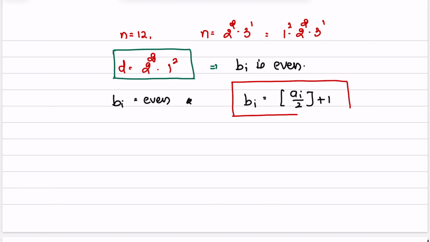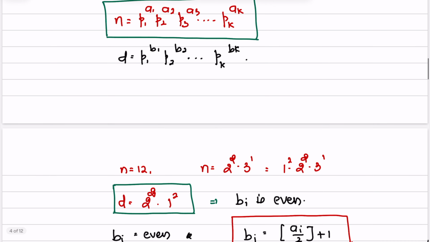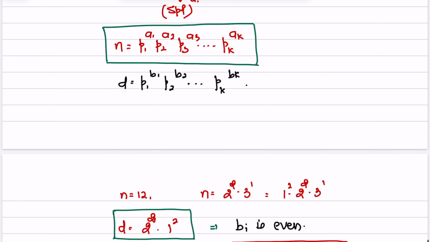I am not talking about only number 12. It is for any number n. If it is written in this form, n is equal to P1 to the power of A1, P2 to the power of A2, P3 to the power of A3.